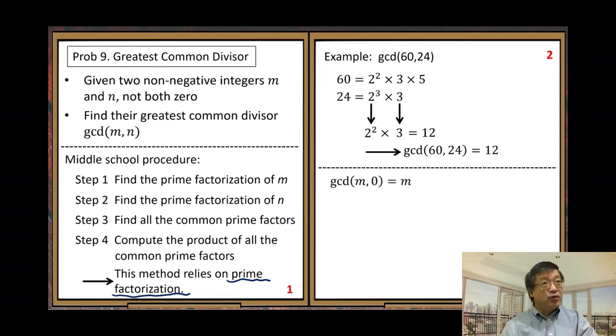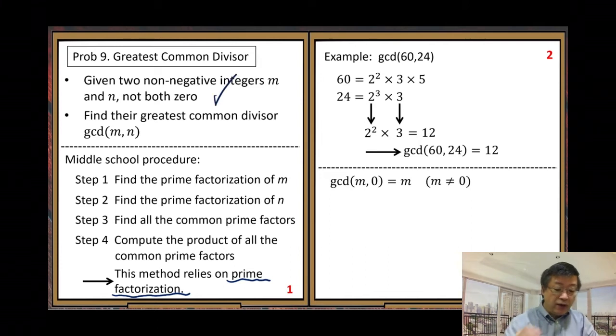Next, we want to look at the problem size. How do we define the problem size for this problem? First, based on the assumption we have, we do not allow both integers to equal 0. So when n equals 0, m cannot be 0. Non-negative integers, but not both 0, so one of the two given integers cannot be 0.